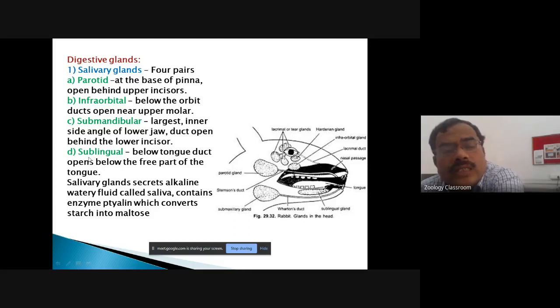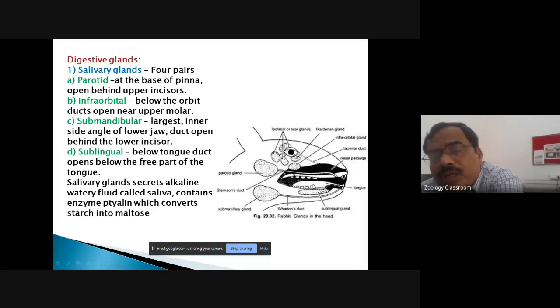The fourth one is the sublingual. So in this gland, sub meaning below, lingual meaning the tongue. So the gland which is present below the tongue is called the sublingual gland. With the help of many ducts, this duct system opens below the free part of the tongue.